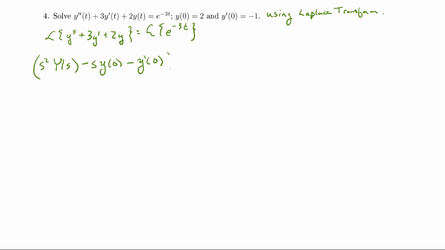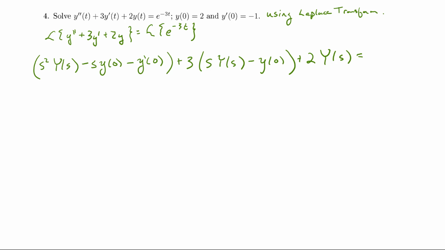And that all would be the Laplace transform of just y double prime, plus 3 times the Laplace transform of y prime, which would be s y of s minus y of 0. Then plus 2 times the Laplace transform of y, which will be 2 y of s. Remember, all those constants came out, and we distributed in the way we did because the Laplace transform is linear.